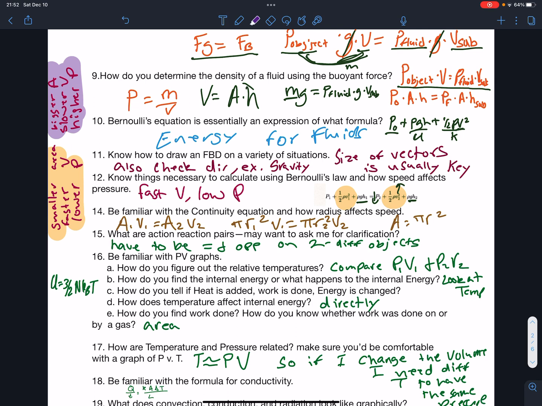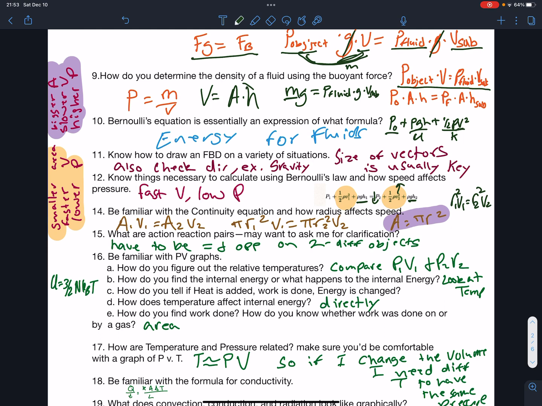Also note that the area of a circle, which is what we're typically dealing with, is equal to pi r squared. So the proportions get messed up if you're dealing with the radius instead of the area. Instead of A1V1, it's r1 squared V1 equals r2 squared V2.